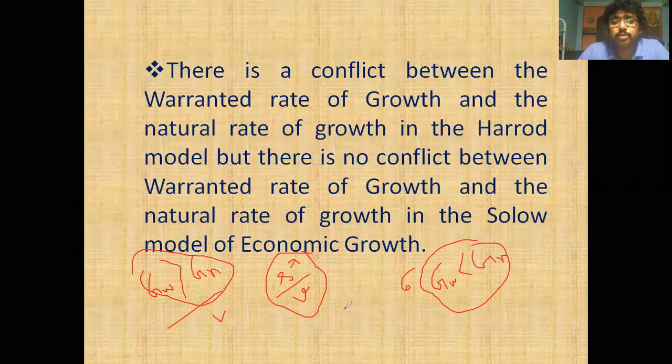Suppose, according to the Solow model, GW is greater than GN. So what happens? The real rate of interest will fall.